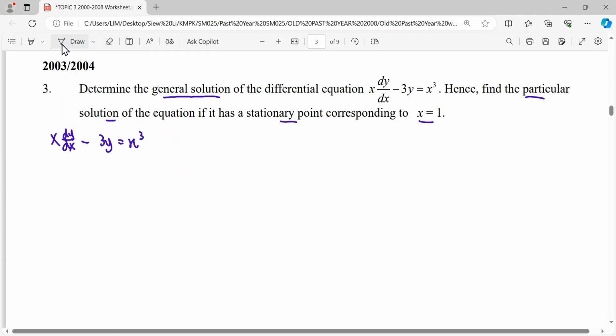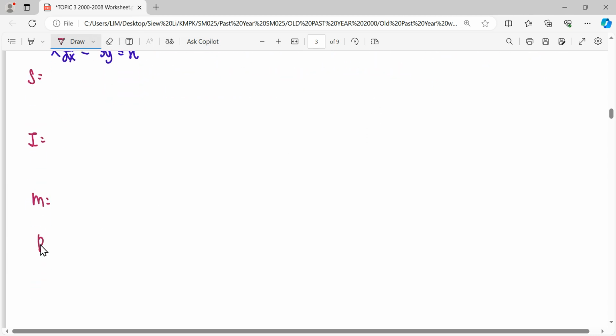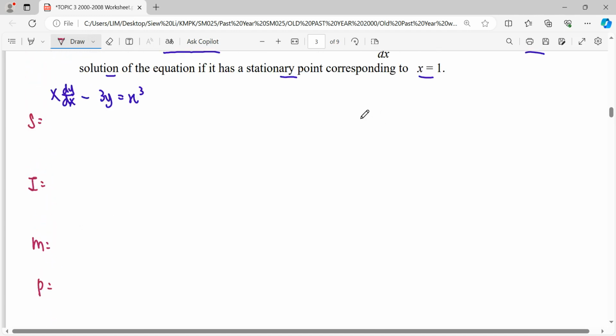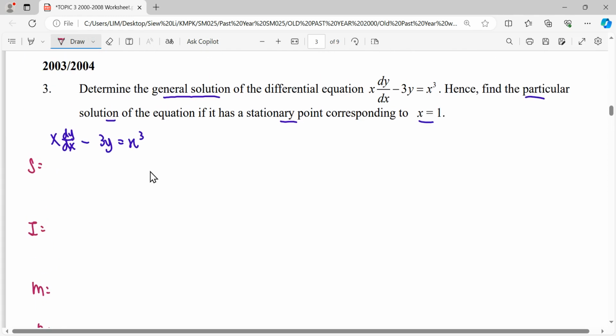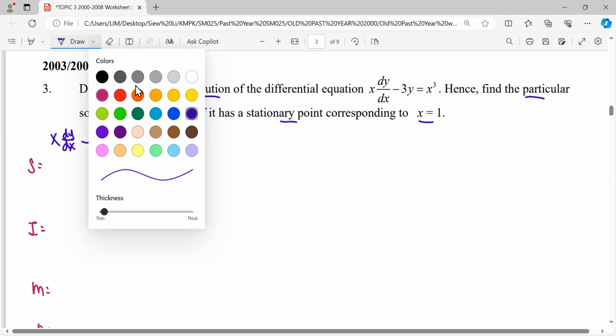By using integrating factor, we have the procedure here. Start with S and then I. The procedure will be S, I, M, P, I, S, S. For the first S, which means standard form, we want dy/dx as the first term.